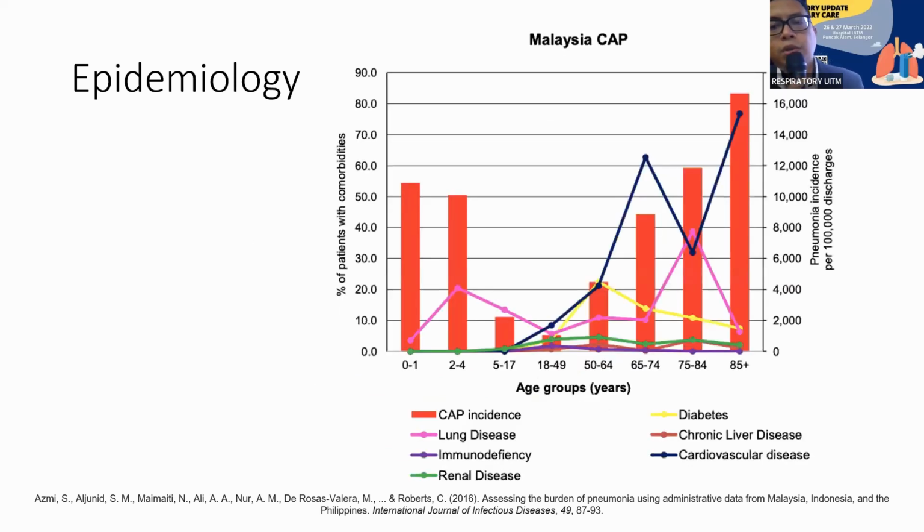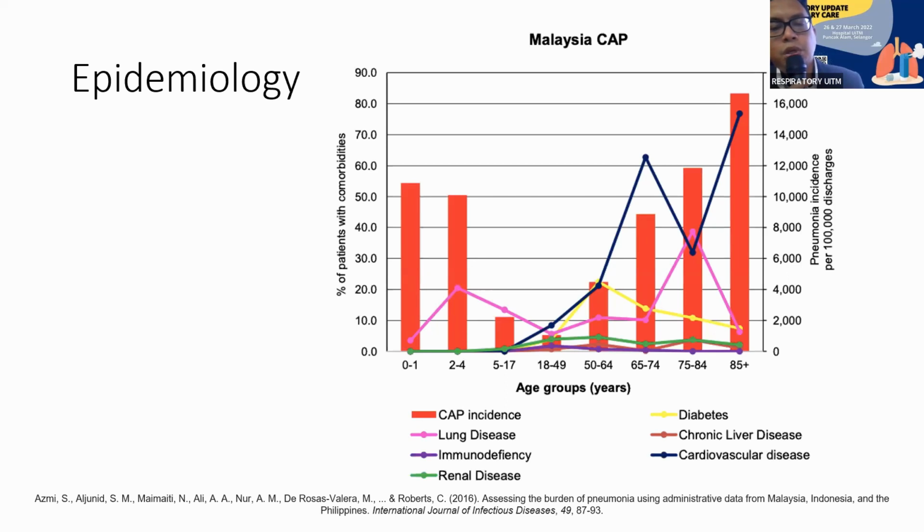In addition to age, the other risk factor for community-acquired pneumonia is underlying comorbidities. We can see from this graph, this blue color, the risk of cardiovascular disease is common among those aged more than 50 years. So in addition to age, underlying comorbidities also play a role as a risk factor for pneumonia.